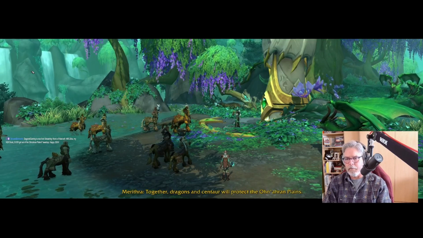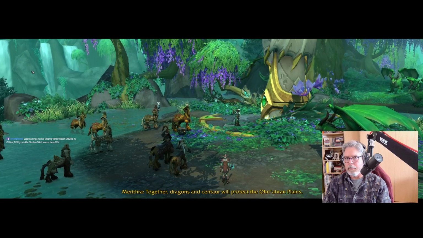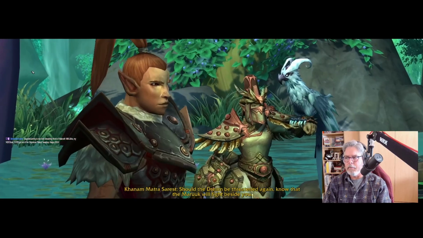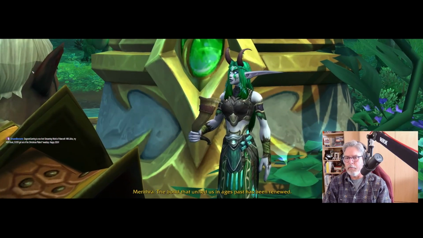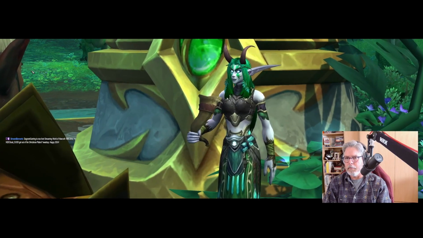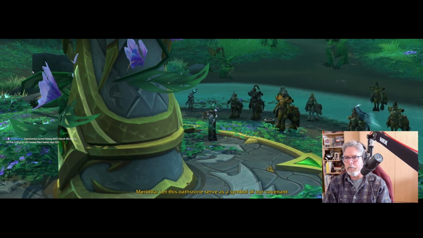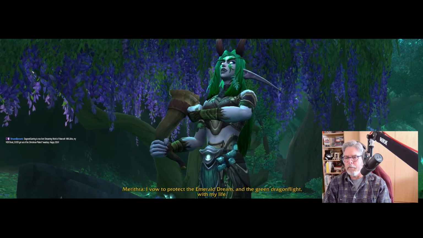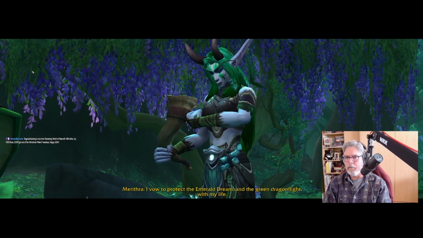Together, dragons and centaur will protect the Ohn'ahran Plains. Should the dream be threatened again, know that the Maruk will fight beside you. The bond that united us in ages past has been renewed. Let this oath stone serve as a symbol of our covenant. I vow to protect the Emerald Dream and the Green Dragonflight with my life.